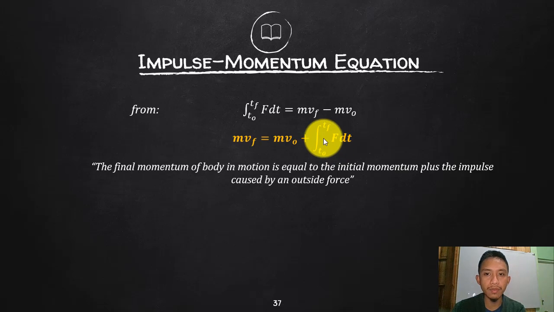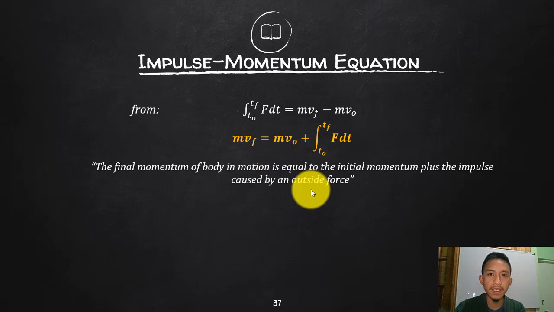Or it could be minus if your impulse will subtract from the momentum. So it depends on the case. If the impulse or the external force will magnify the velocity, then that will be plus impulse. But if it will decrease your velocity, then that will be minus impulse. Okay, so it depends.